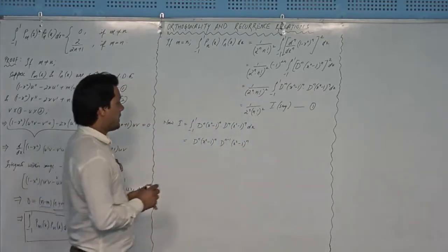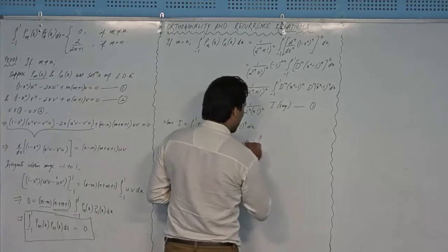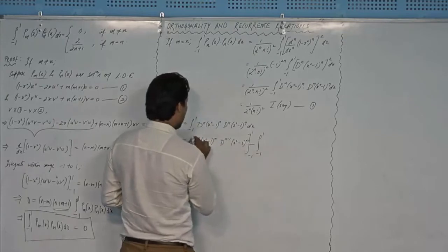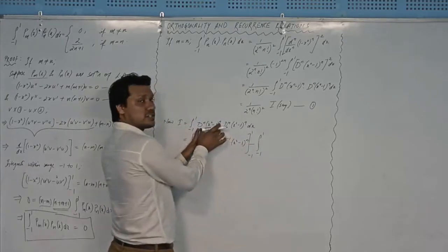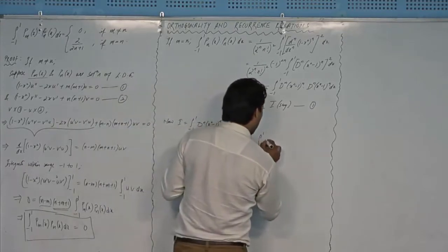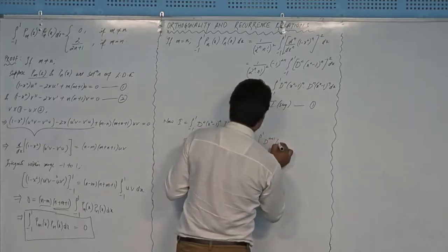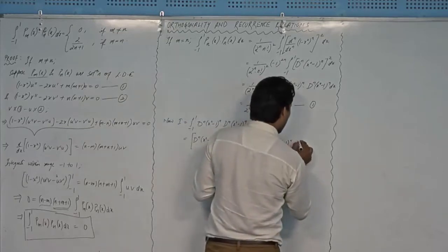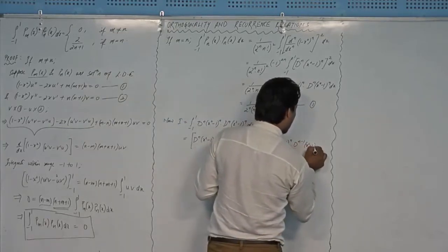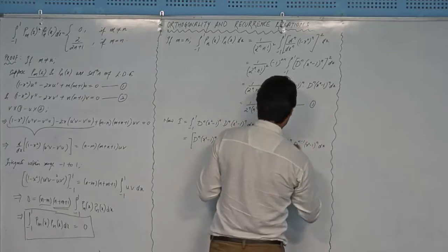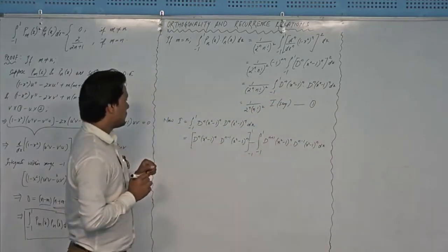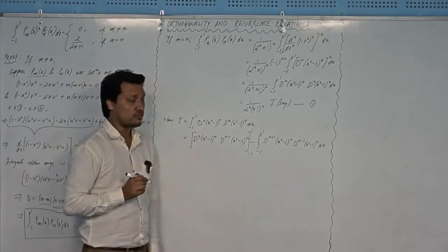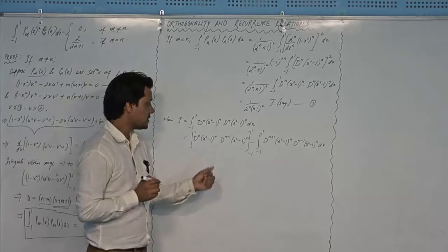Okay, and then minus the integration, I should put limits here, minus 1 to 1, and differentiation of the first function, that will give you d^(n+1) (x^2 - 1)^n, and integration of the second function, that will give you d^(n-1) (x^2 - 1)^n dx, right. So this is what we got after applying the rule of by parts 1 time, right.